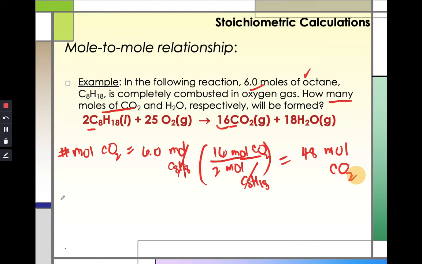Then we are also asked for the number of moles of water, H2O. Still, what was given in the problem is that we have 6 moles of C8H18, so 6.0 moles of octane.